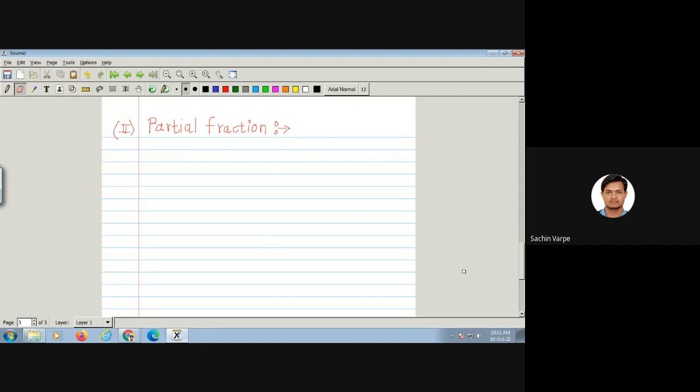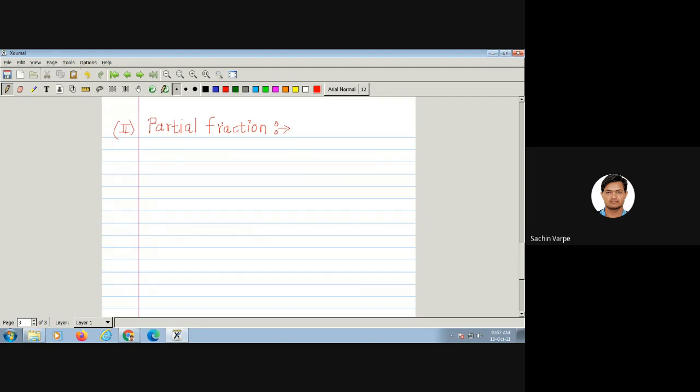Any question? No, sir. Partial fraction method. So the first method we have discussed in detail is the power series method. What we are doing, we are writing the given f of z in terms of an infinite series of infinite terms actually. So the second method is the partial fraction method.